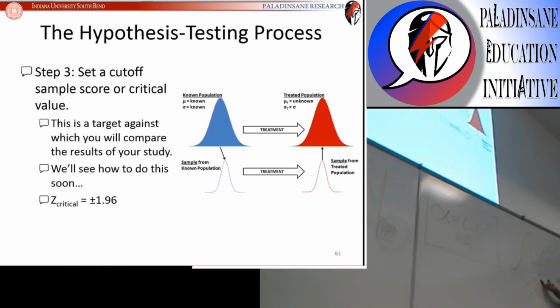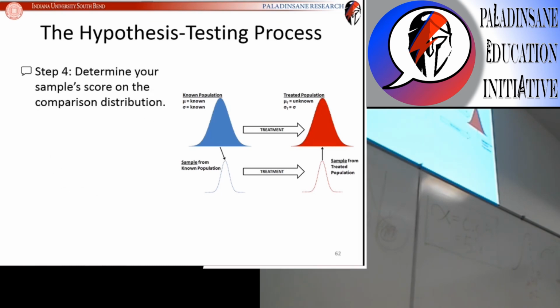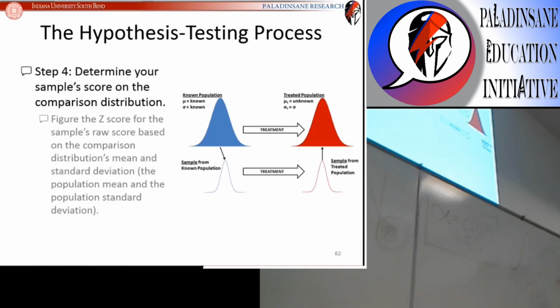Because our sample has a mean of 43.5. But we can't figure this out. We've got to take our sample and transform it into a Z-score. And we've got to find out where our sample is over here. So that's step 4. We determine our sample score on the comparison distribution. We do this by changing this 43.5 into a Z-score.